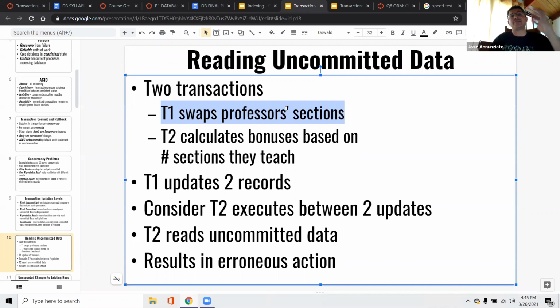So what happens if transaction one is able to remove Einstein, and I have not yet put Brando, and give him a section over here?